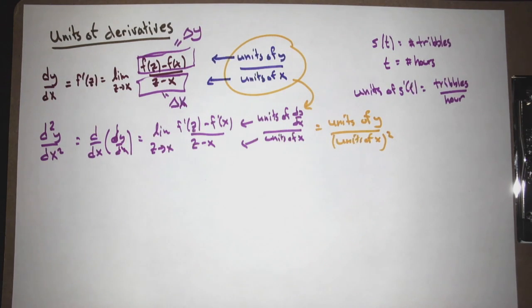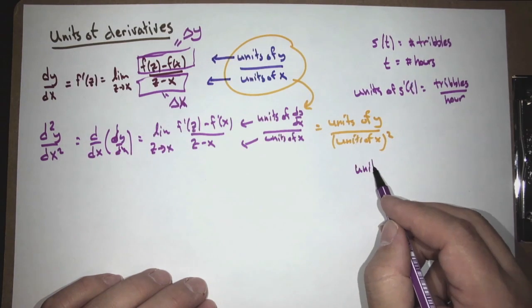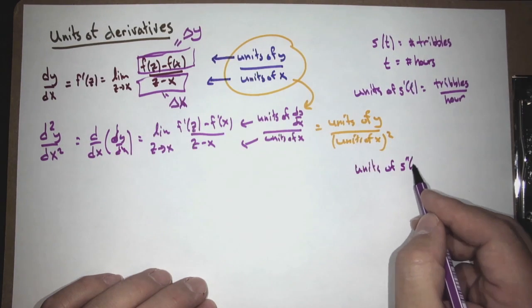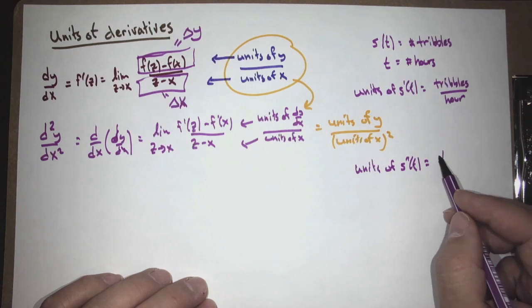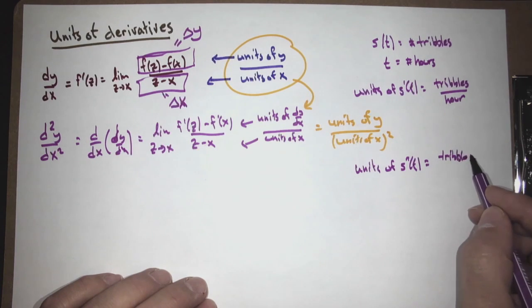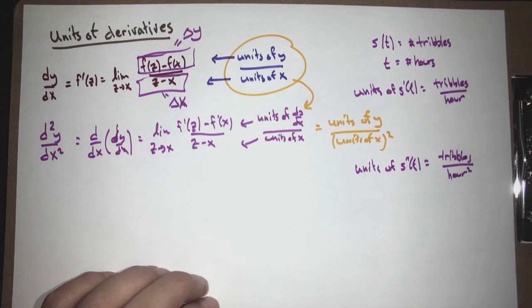So, going back to our tribbles, what are our units of our second derivative? It's tribbles per hour squared. And I might want to say, well, wait, what is a square hour? What does that even mean? Well, it's actually tribbles per hour per hour.